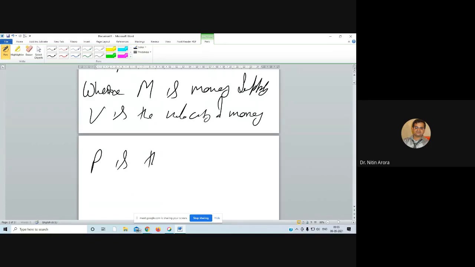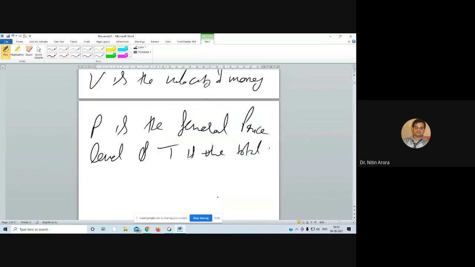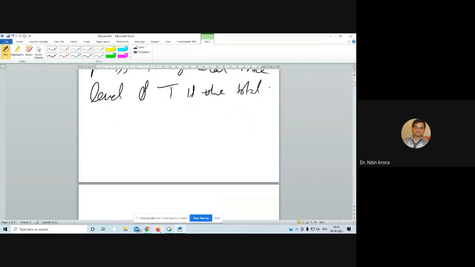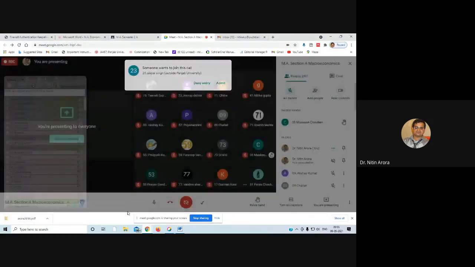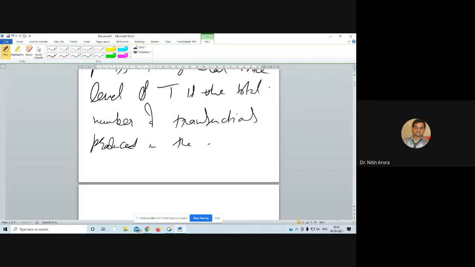P is the general price level and T is the total number of transactions produced in the economy.